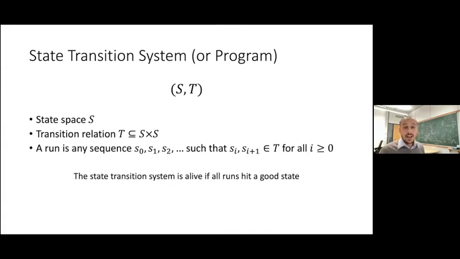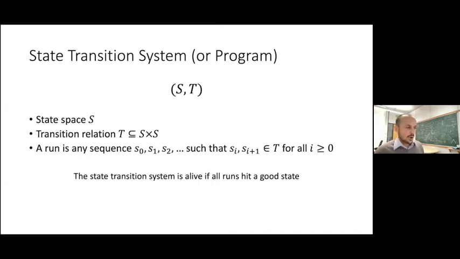And we say that a state transition system is alive if all runs hit a good state, or runs from an initial state if we want to restrict it. But fundamentally, what we want to ensure is that all runs, so the quantifier here is important, I want to stress the quantifier, all of them eventually hit a good state, any good state, so a state that is in the set of good states.